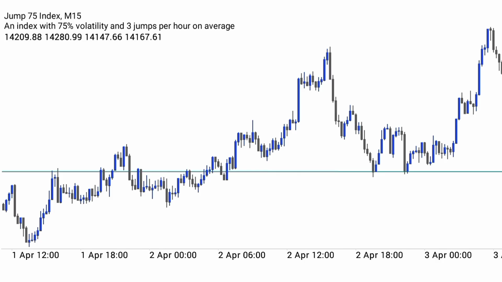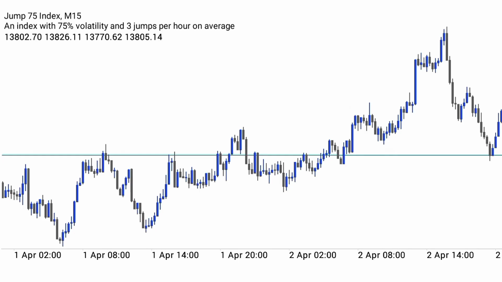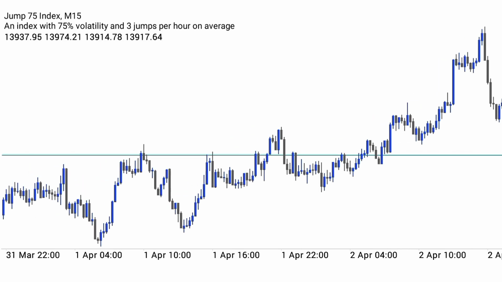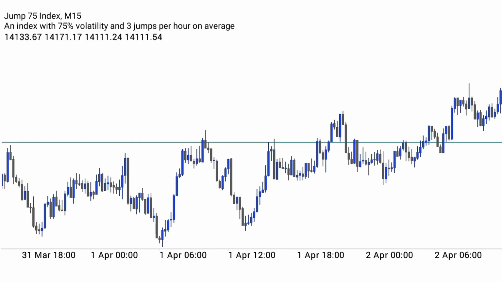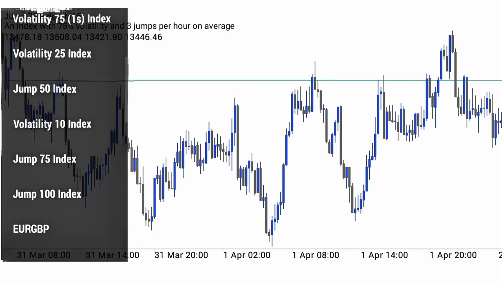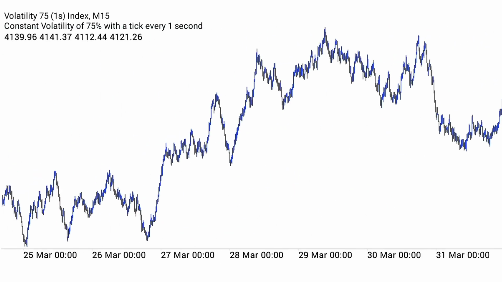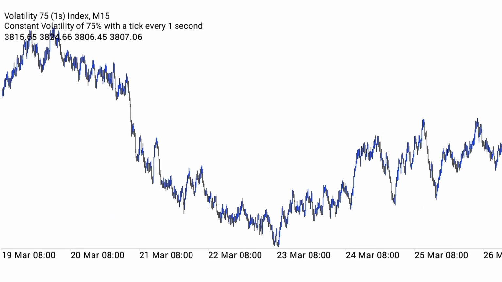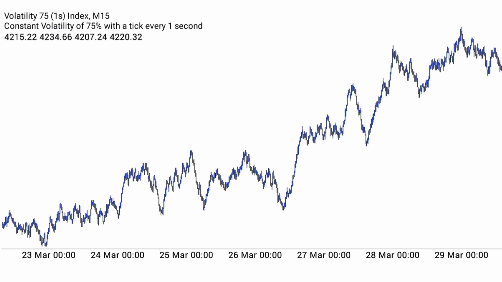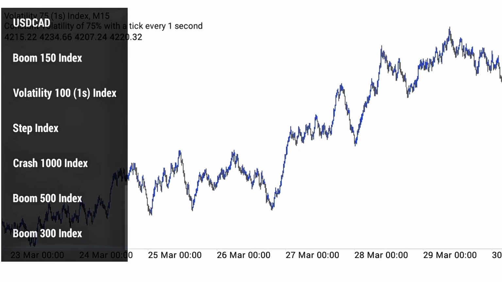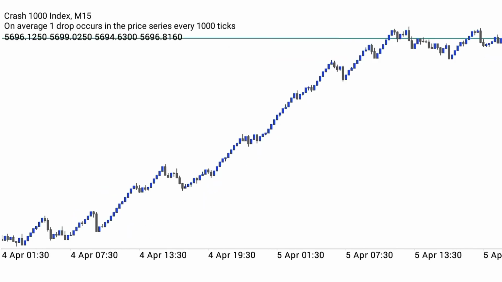When you're trading Boom, it is mostly a game of levels in the market. But with Jump, you can trade with any strategy. You can trade with a lot of strategies on Jump 75 and even Volatility, but you can't do all of that with Boom and Crash.